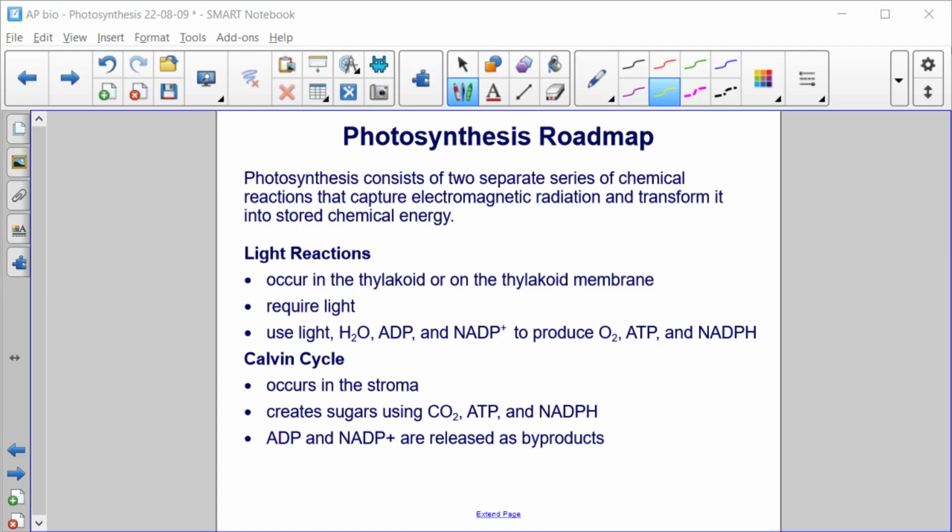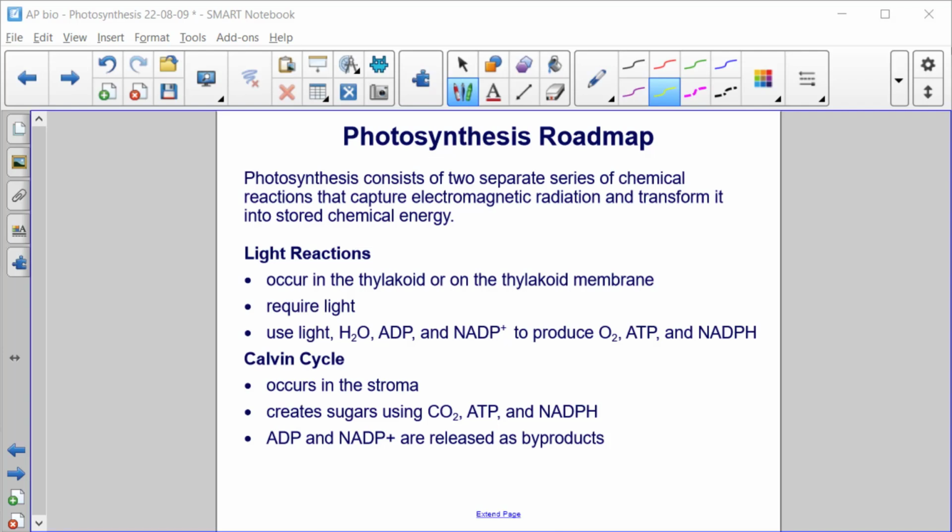They require light. They use water, ADP, and NADP+ to produce oxygen, which is released to the atmosphere, ATP and NADPH, which are both then moved to the Calvin cycle, the second series of reactions.